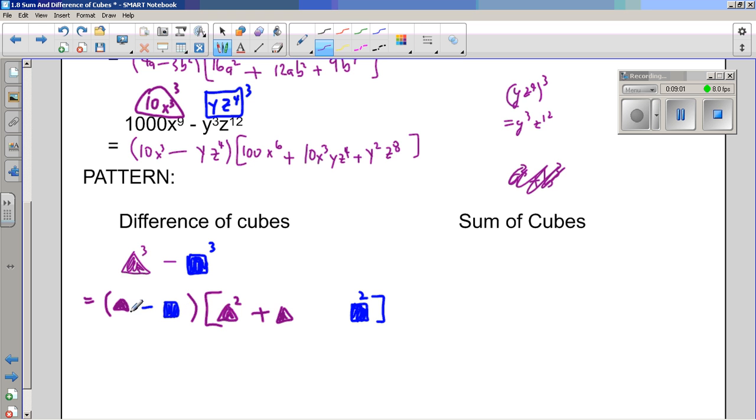That times that made opposite. And there's your general pattern. Now, you're not going to see triangles and squares in your textbook. You're going to say A's and B's, but I think this is more accurate because it's anything cubed subtract anything cubed, not just letters like they have in the textbook. They'll have this pattern in your textbook.